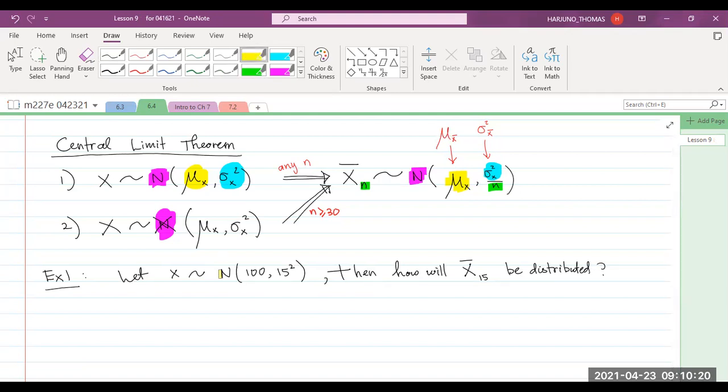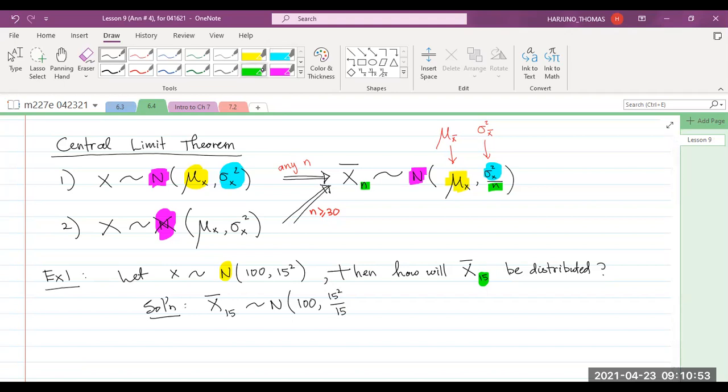If the original distribution is already normal, then even if the sample size is less than 30, the sampling distribution will still be normal. Okay, the sampling distribution of size 15 will also be normal with mean 100 and variance, the original 15 squared divided by this 15 here.